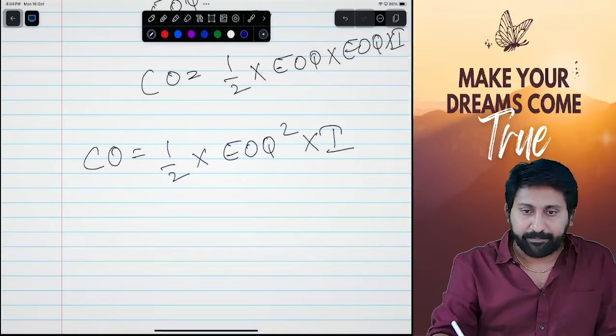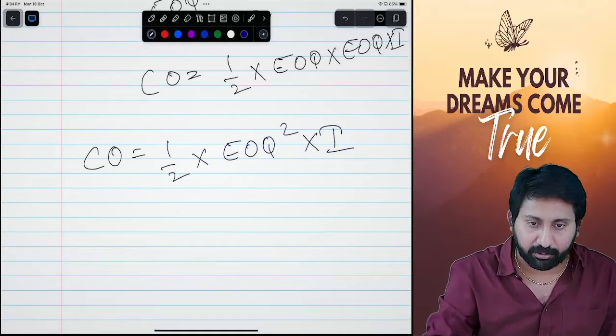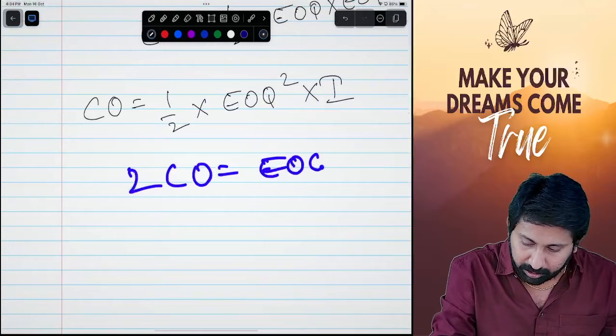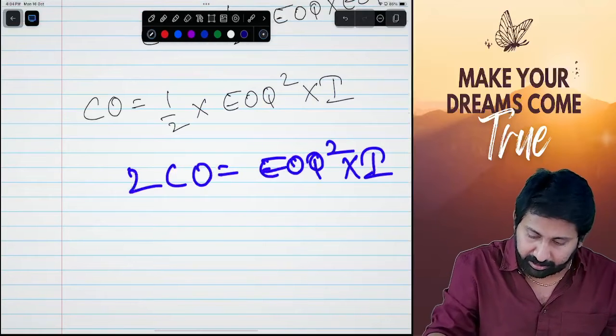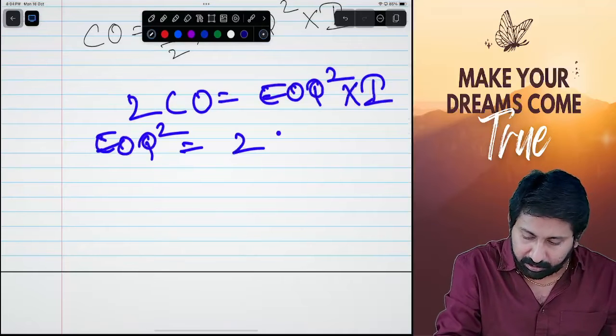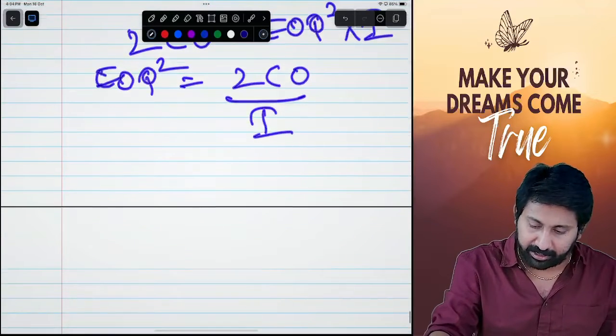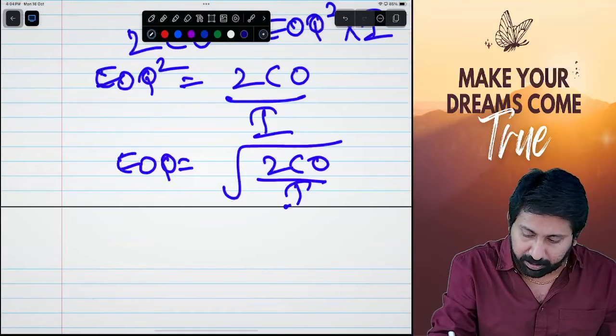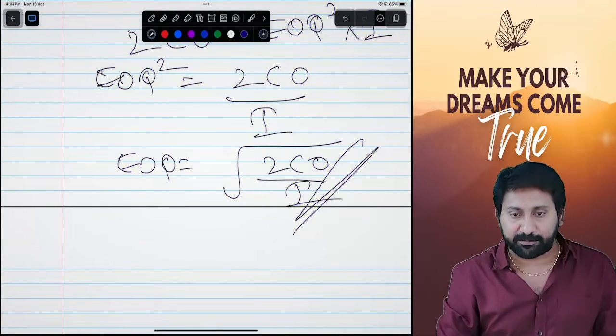Next, half you take to the other side. 2CO equal to EOQ square into I. EOQ square you resolve it. EOQ square equal to 2CO by I. EOQ equal to root of 2CO by I. This is how the formula has been derived.